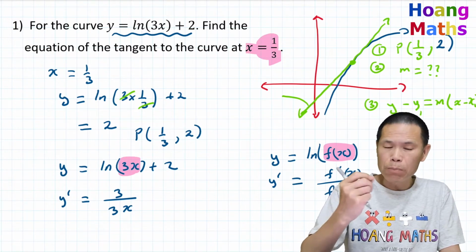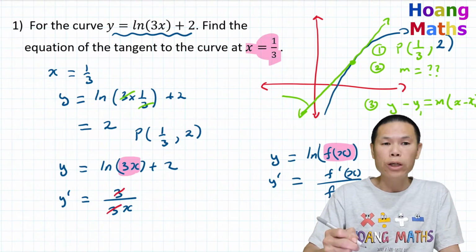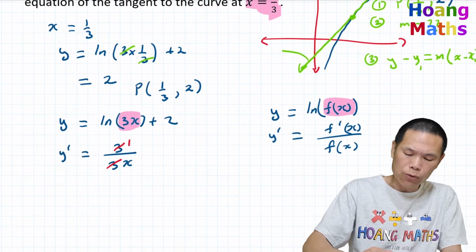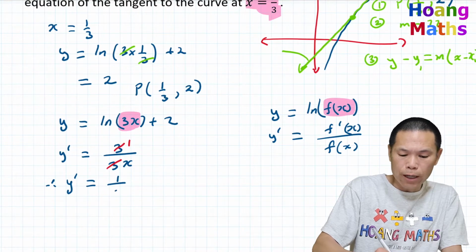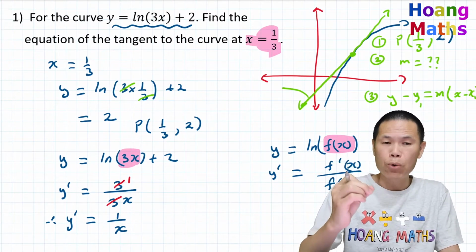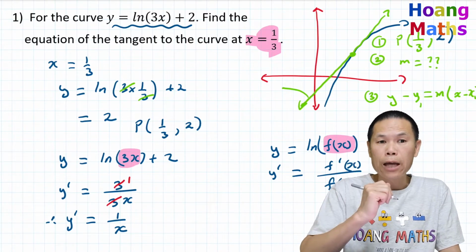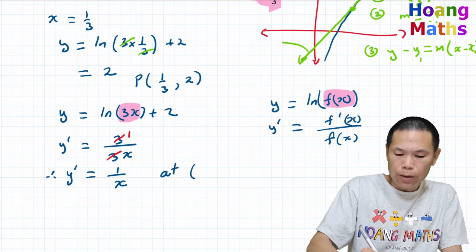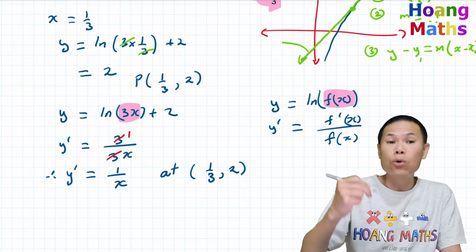But let me simplify it first. The 3 and 3 can both be divided by 3, so the answer is 1 over x. Therefore, y dash is equal to 1 over x. That is the gradient of the function at any point. But we need to find the gradient at the point a third and 2, which means x is equal to a third.